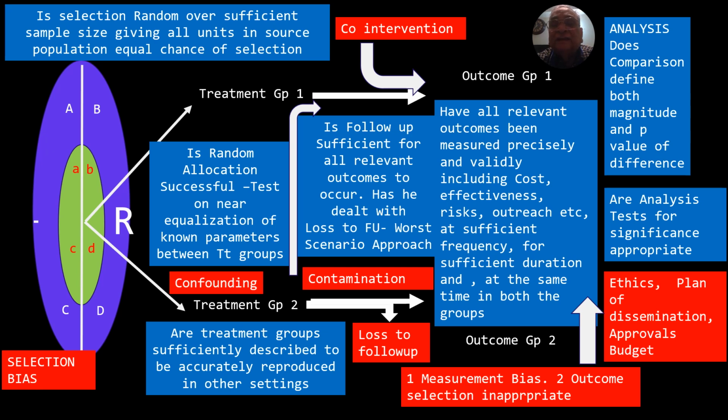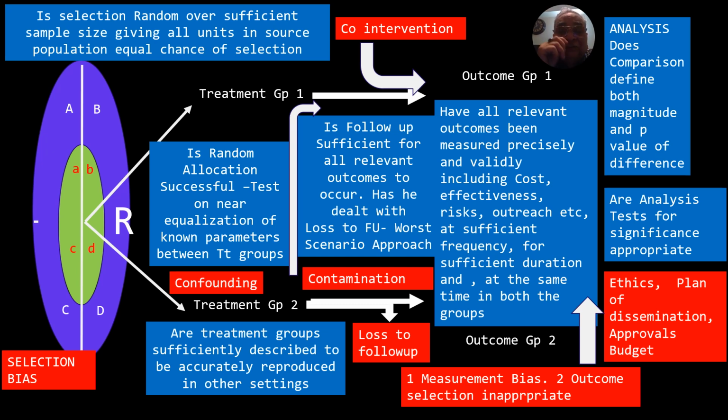Then after this you compare the results here and results here. The comparison should define both the magnitude of difference and the p-value of difference, either the p-value or the confidence intervals. Because magnitude of difference is the real magnitude that you see in the study population: so much reduction of blood pressure as compared to only this much reduction of blood pressure in treatment group 2.